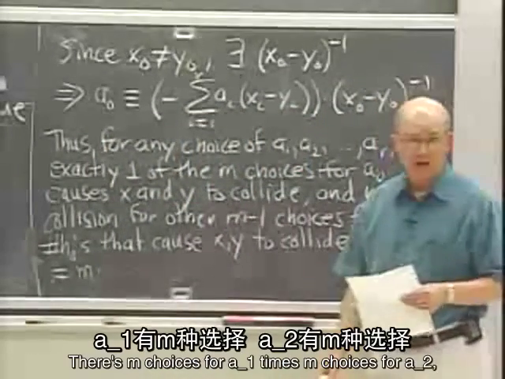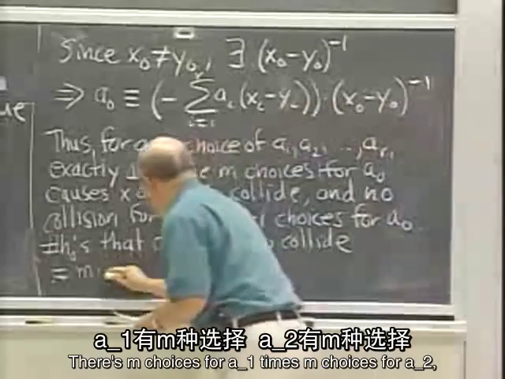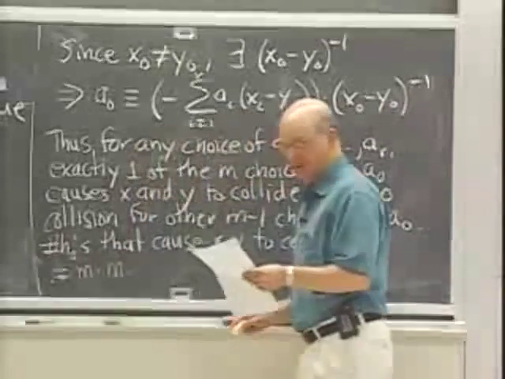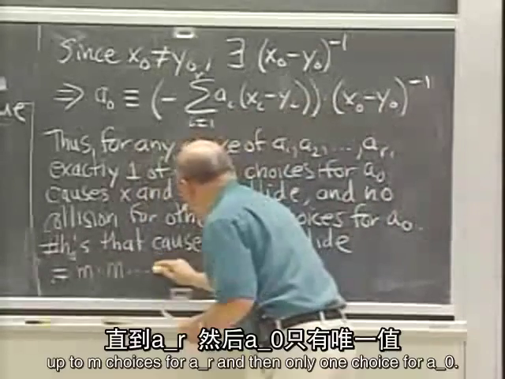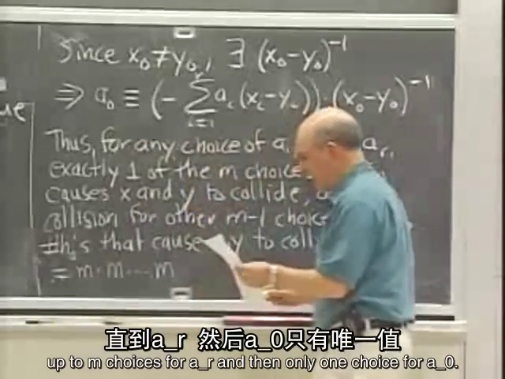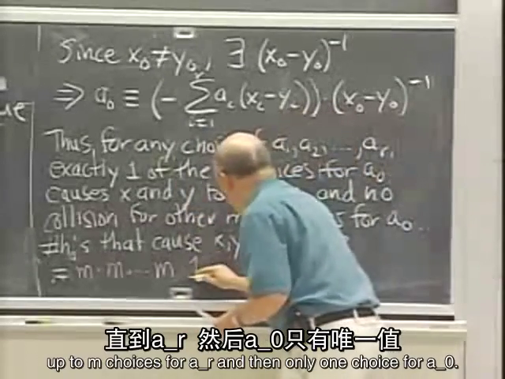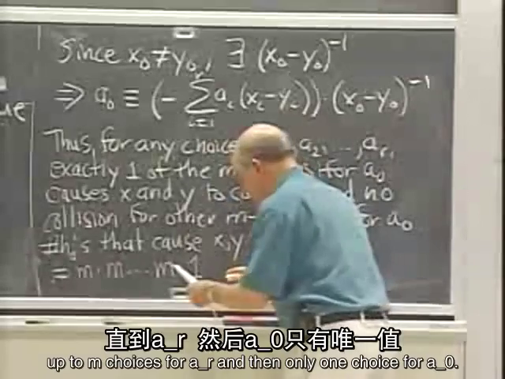There are m choices for a1 times m choices for a2 up to m choices for ar, and then only one choice for a0.